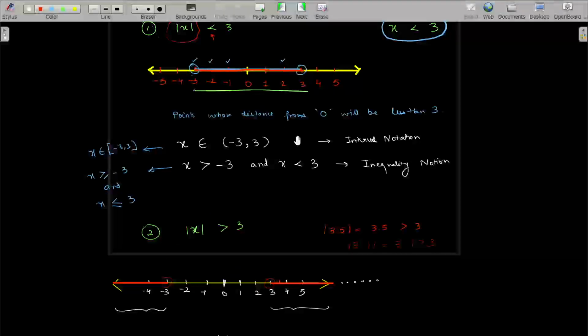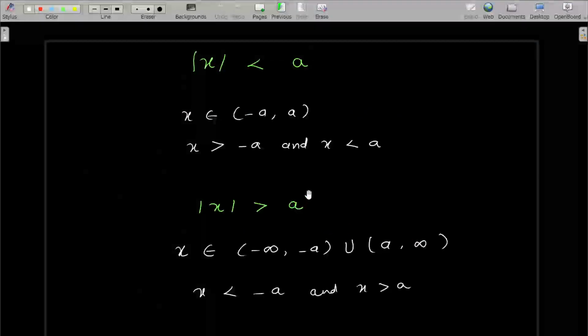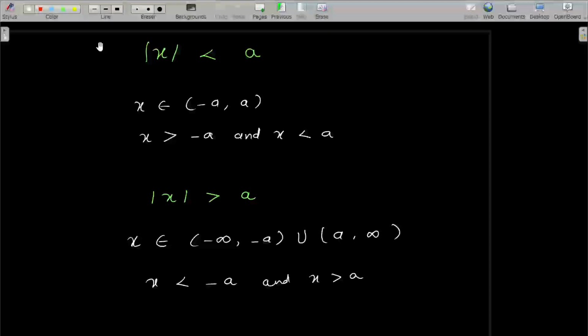So the solutions to these two cases will always be opposite. And remember that if there is an equal to sign, then these will become square brackets, and you will put an equality sign here.